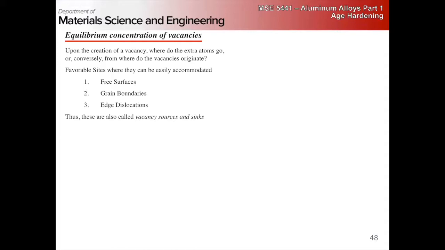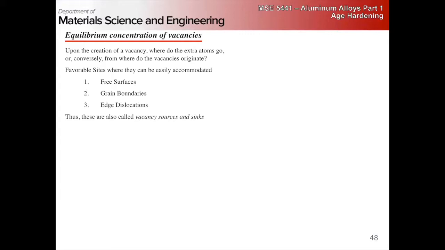But where do vacancies come from? Or equivalently, where do the atoms go when you make a vacancy? How is a vacancy formed? There's something called a Frenkel defect. You probably heard that term more in terms of ceramics than metals, but they still exist in metals.